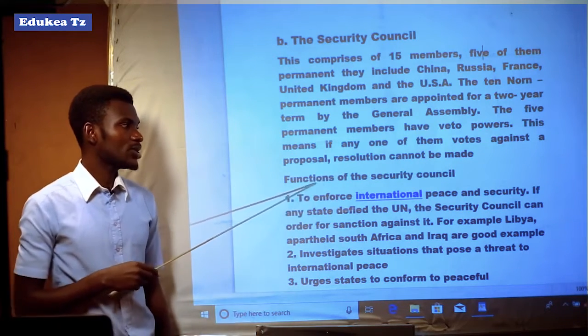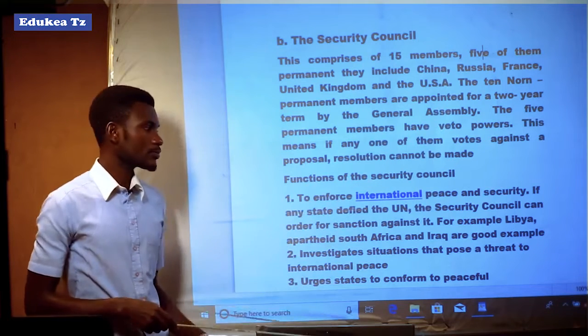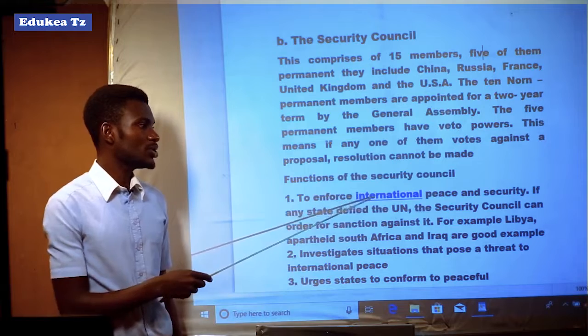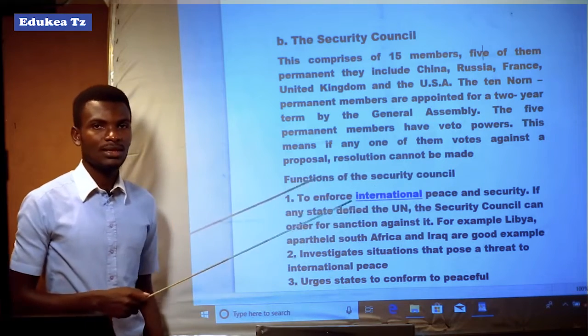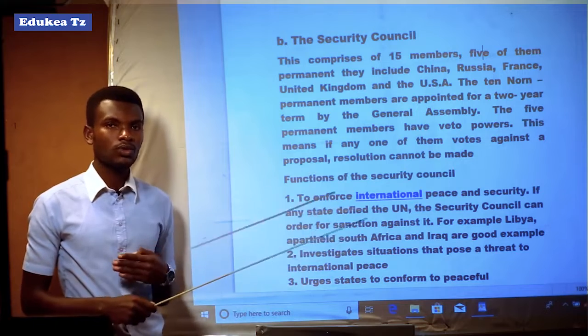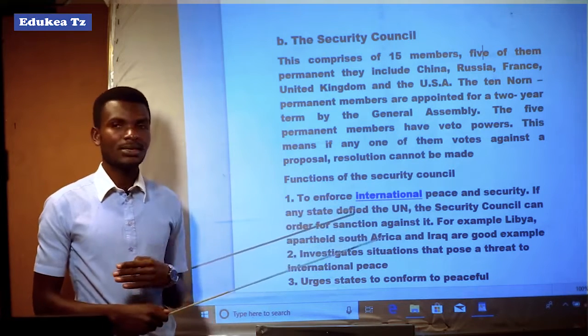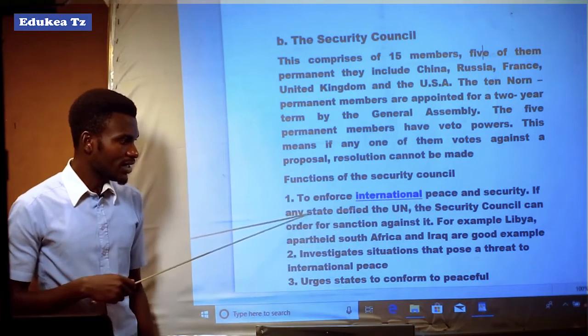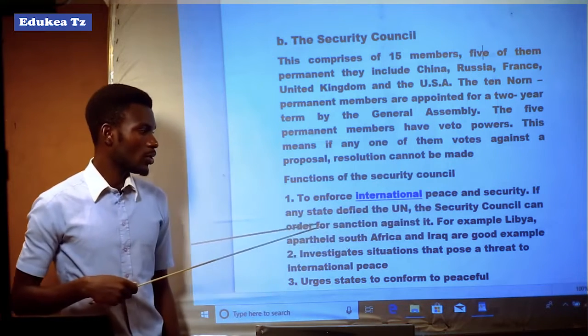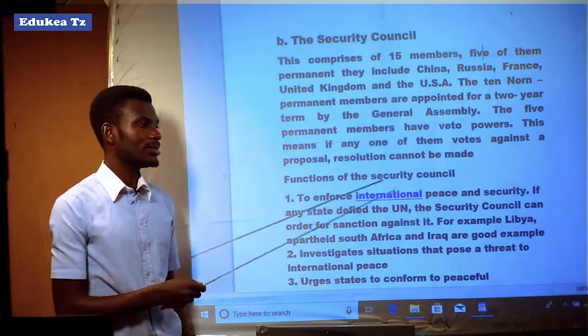Let us see the functions of the Security Council. The first one is to enforce international peace and security. It means that the Security Council is there to enforce or maintain international peace and security. If any state defies the UN, the Security Council can order sanctions against it.